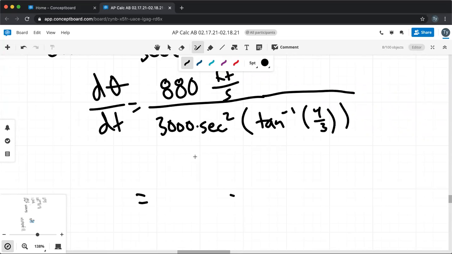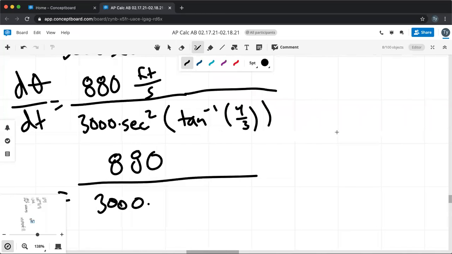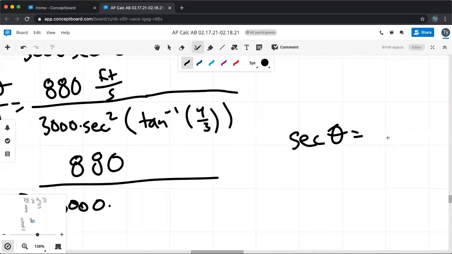So you do 880 divided by 3000 times one of the trig functions that is on the calculator, which is, well, cosine is related to secant by a relationship of 1 divided by cosine. So let me write that down. Secant of theta, whatever theta is, is 1 over cosine of theta. That's just a trig identity.